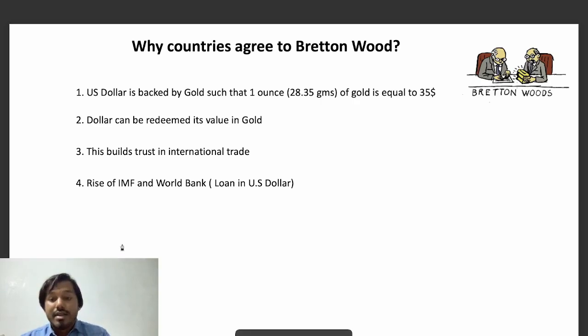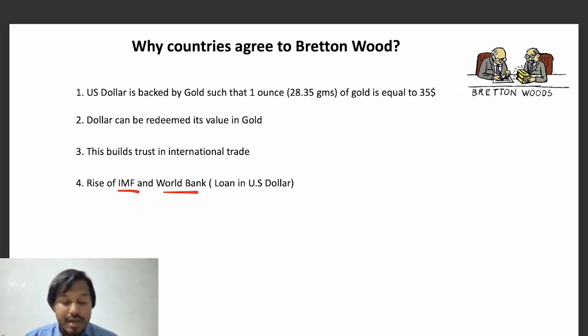So America introduced the IMF and World Bank to the world, and said that to rebuild your economy, America is going to help them, and America will give you loans in dollars. So that's the reason all the weak countries around the world agreed to the Bretton Woods. They said, okay, we're going to link our currencies to the dollar, because they can get loans in dollars from the US, like from the IMF and the World Bank.